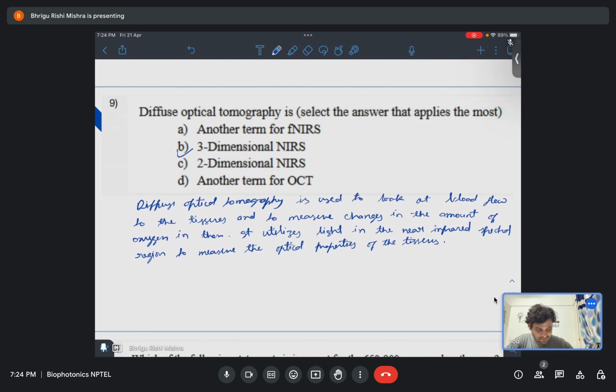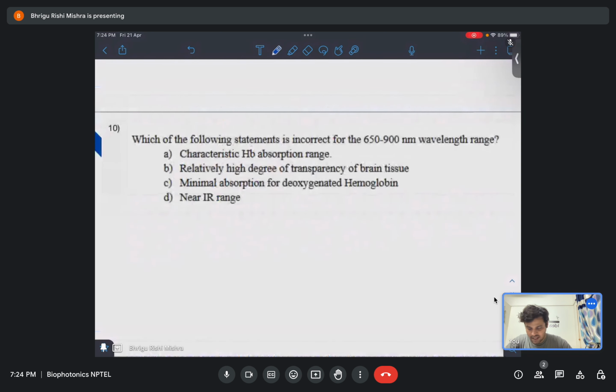Okay, last question: which of the following statements is incorrect for the 650 to 900 nm wavelength range? Characteristic hemoglobin absorption range is true. Relatively high degree of transparency of brain tissue is also true, because brain tissue doesn't absorb in the 650 to 900 nanometer range.